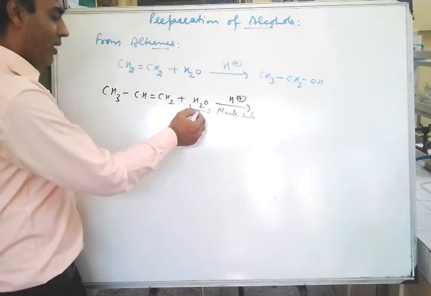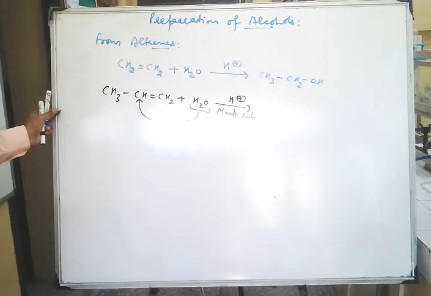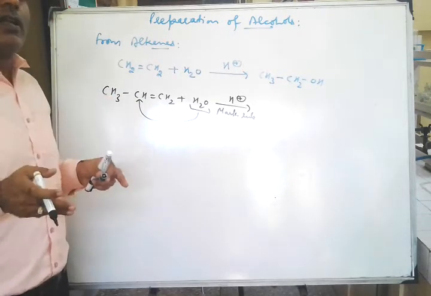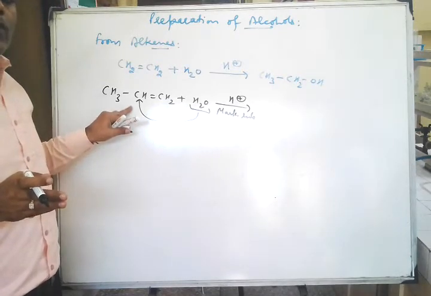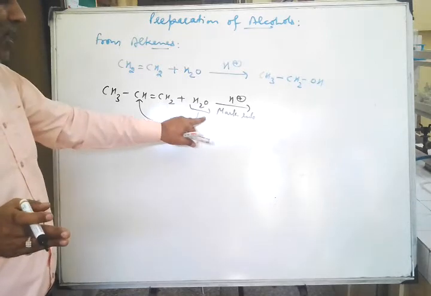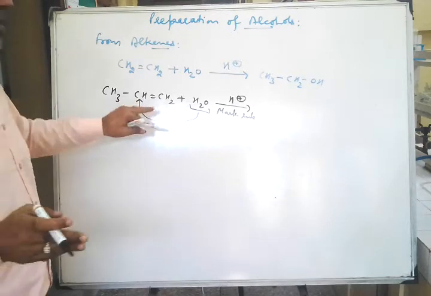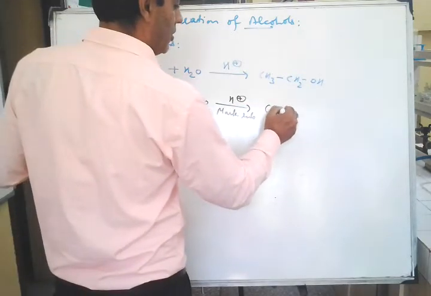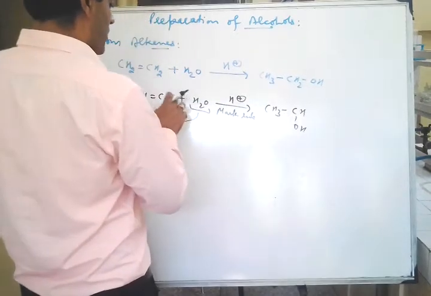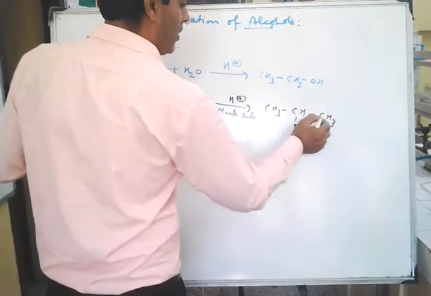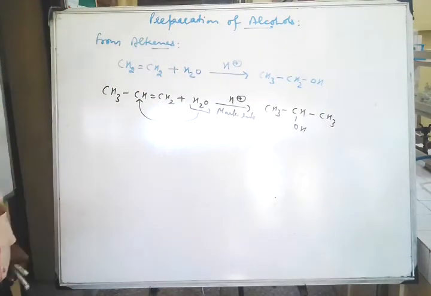So OH negative ion will get added to that double bonded carbon atom which has less number of hydrogen atoms, or we can say the negative part of the molecule will get added to that carbon which is poor in hydrogen. So OH negative ion will get added to this carbon and H plus ion of water will get added to this carbon. So we will get the alcohol. When we add OH negative ion and H plus ion, the double bond of the alkene is removed.